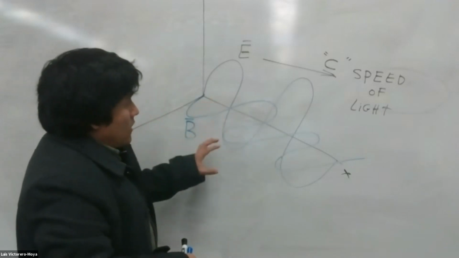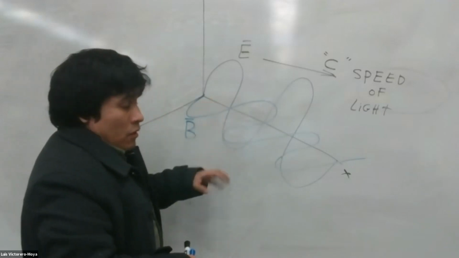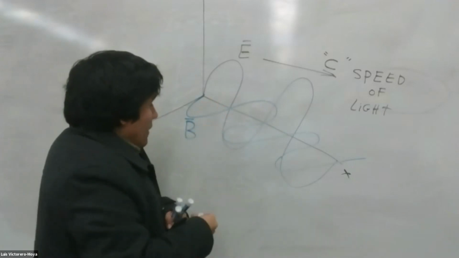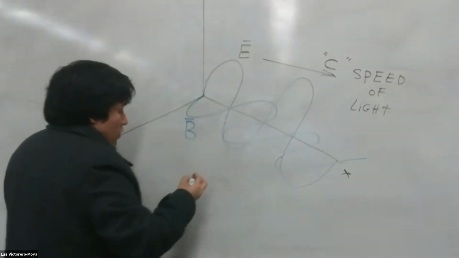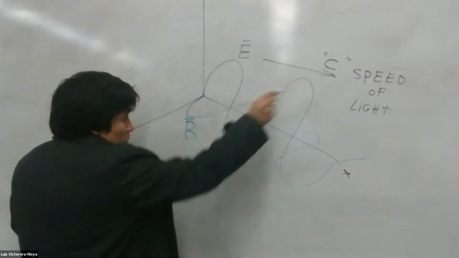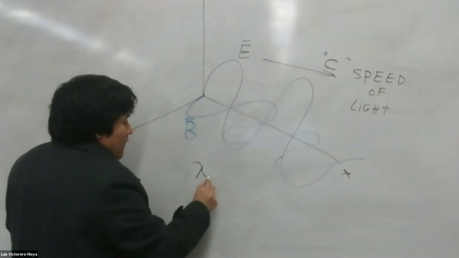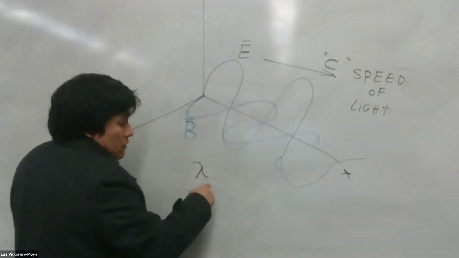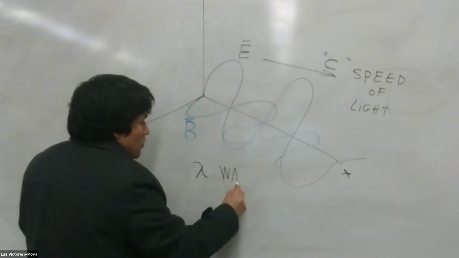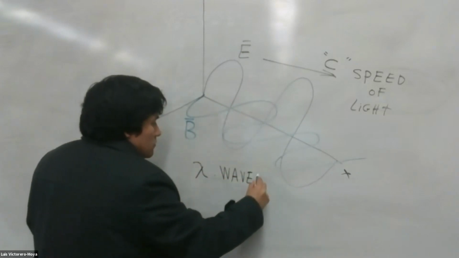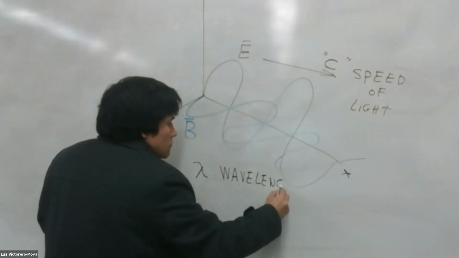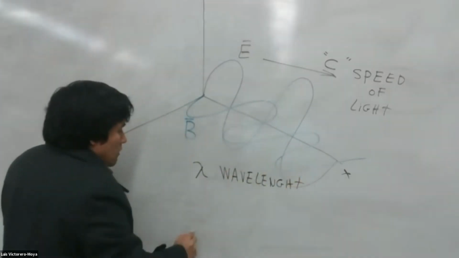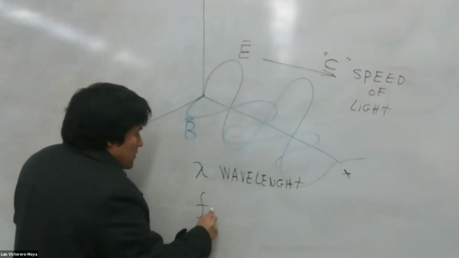All right. So a few characteristics. Look, this is a 3D representation. The parameters for a wave are the speed, the wavelength, lambda, we use Greek symbols for that, and frequency.